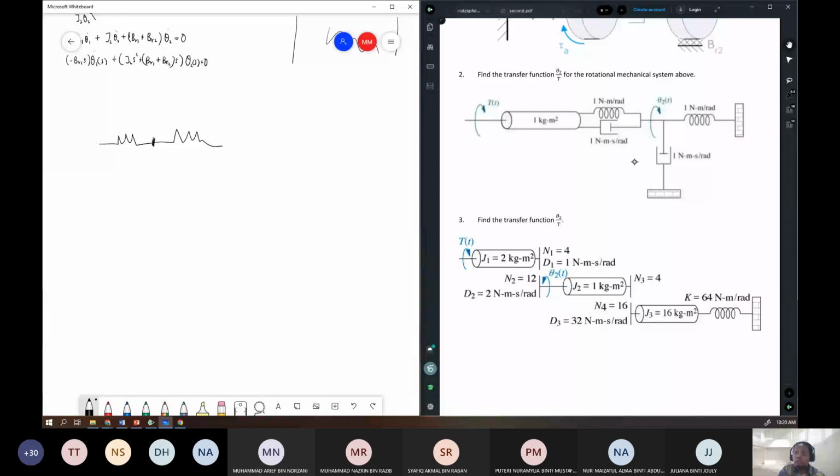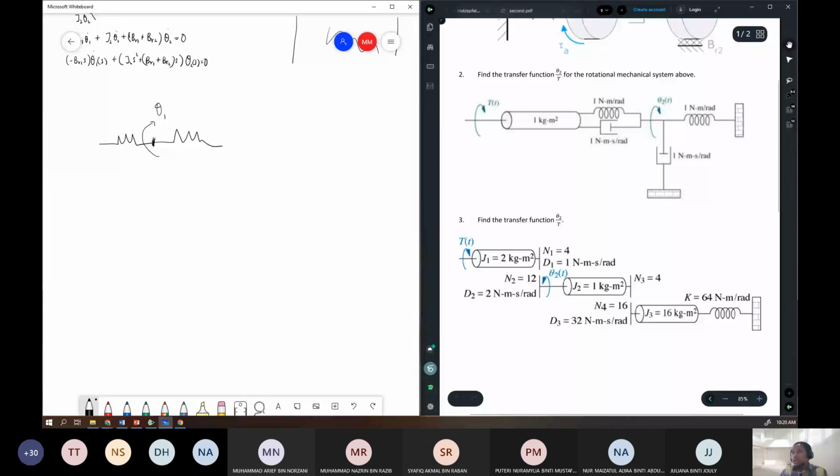Similarly, this spring and damper arrangement is connected in series with another spring and damper, so the point in between them has a degree of freedom. So this system is actually a 2 degree of freedom system.